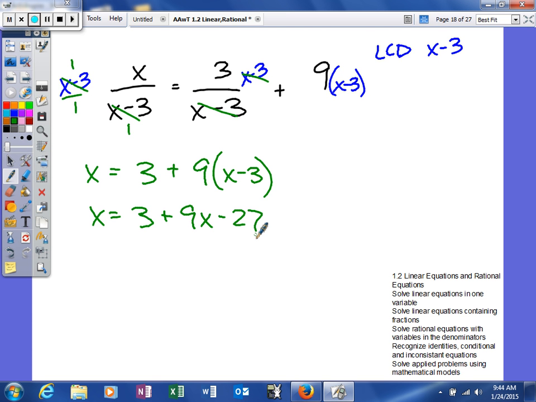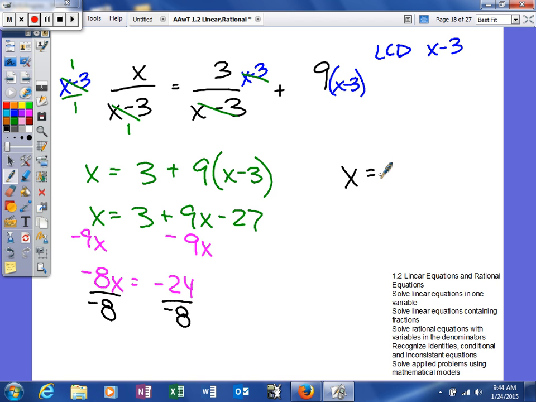I'll get my variables on the same side, so I'll subtract 9x. And that will give me negative 8x is equal to negative 24. And I will divide both sides by negative 8. When I do that, I'll get x is equal to 3 as my solution.